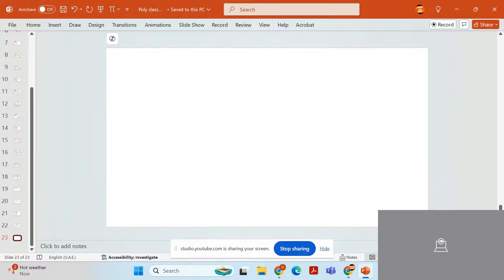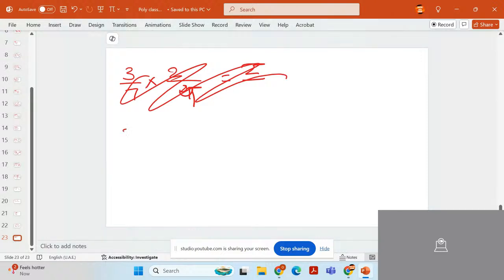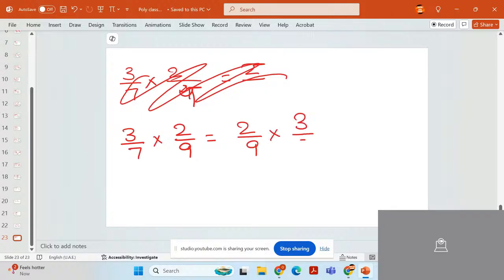So now 3 by 7 multiplied by 2 by 9 is equal to 2 by 9 into 3 by 7. What is this property?